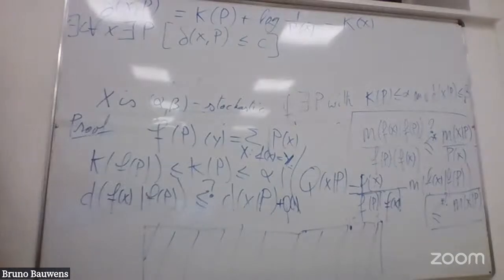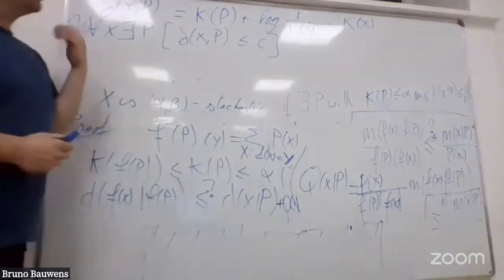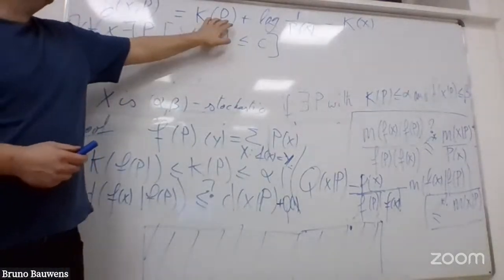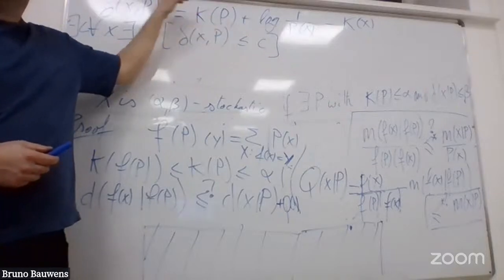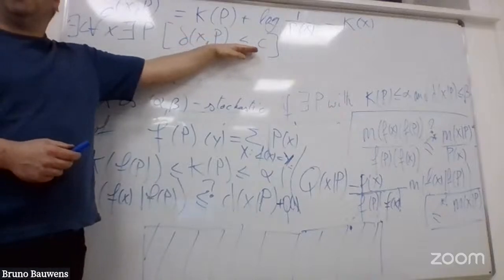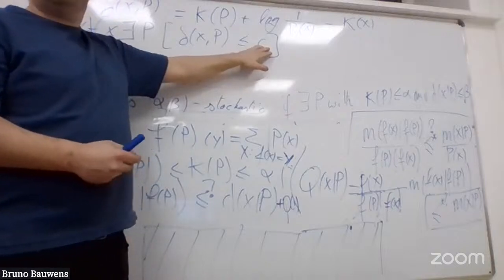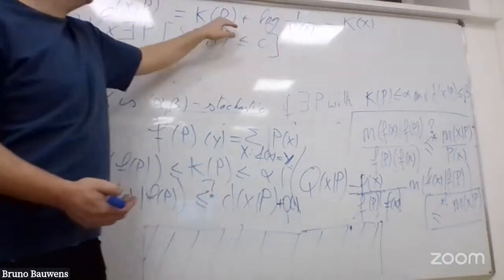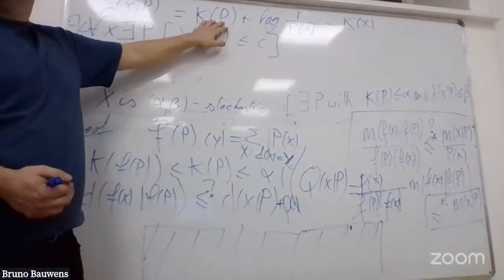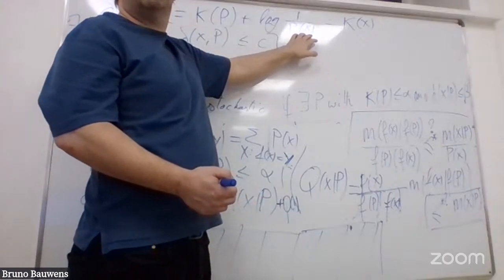Kolmogorov then said that the best model will be the P of smallest complexity that has small optimality deficiency. So you can pick some reasonably small C and then think, what is the best P that gives this? So we want a simple measure that assigns high probability to x.